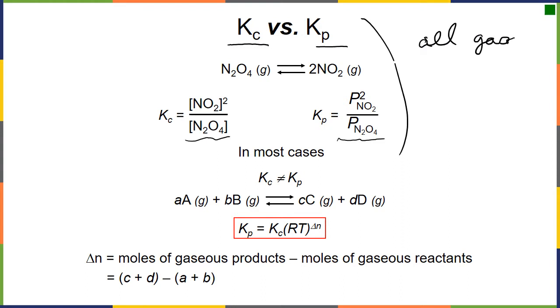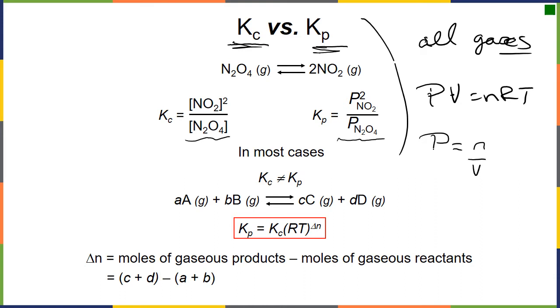If we have all gases, we can compare concentrations versus pressures. We know PV equals nRT, which tells us pressure equals n over V, which is moles per liter, which is concentration, multiplied by RT. So our K sub P depends on our molarity and some RT value.